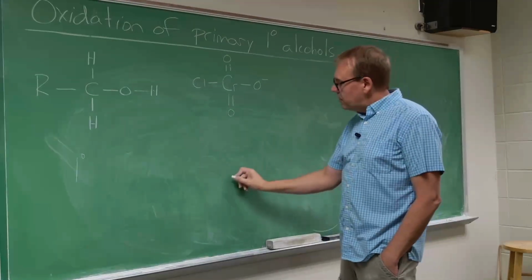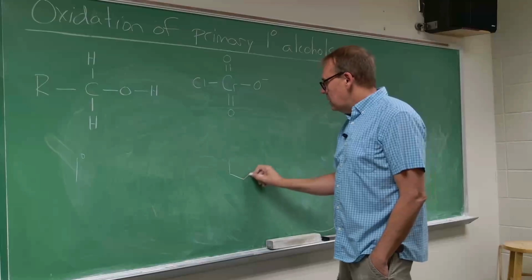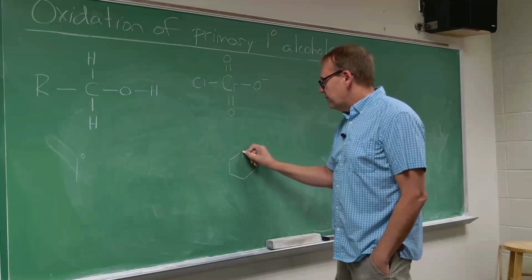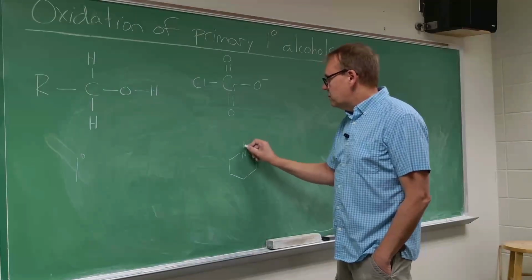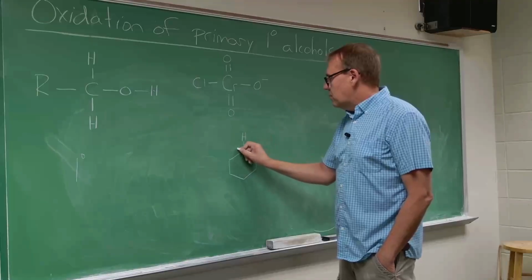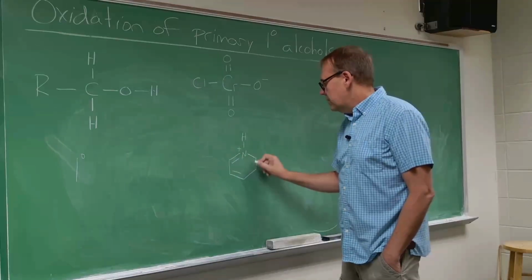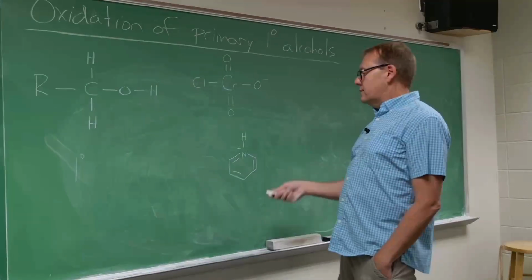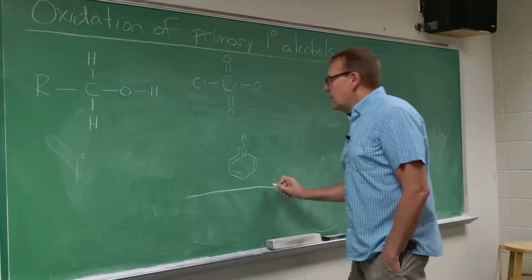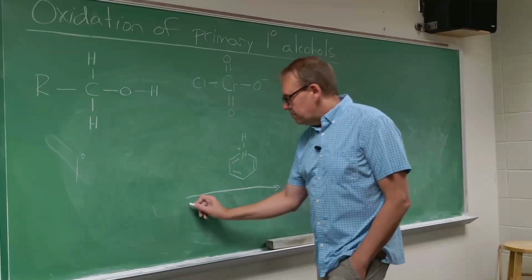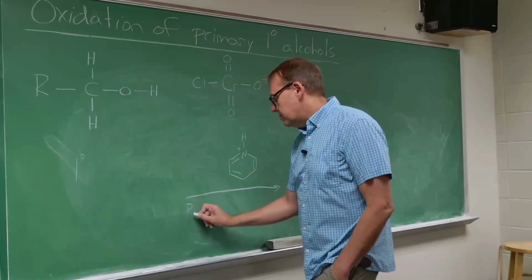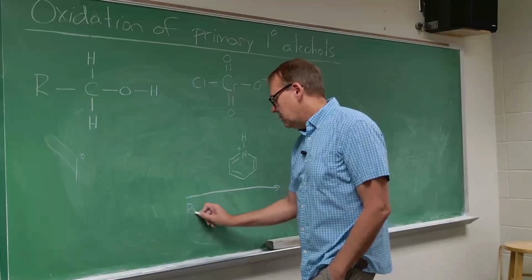And then there's a counter ion that goes along with this, which is a six-membered ring with a nitrogen, a proton, a positive charge, and that's the reagent. The name of this is called pyridinium chlorochromate. I'll put the name up, but you're not going to need to remember the name.